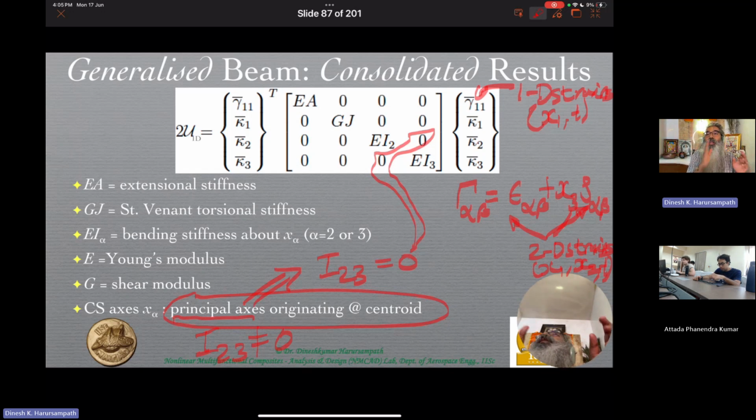Those equations, once again, can be bucketed in terms of 3 sets of equations: equilibrium equations, constitutive law, and the kinematics.